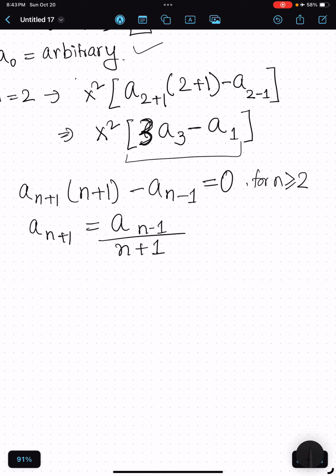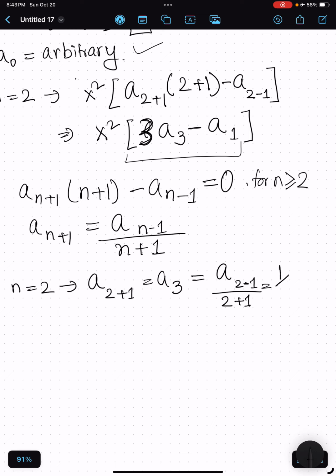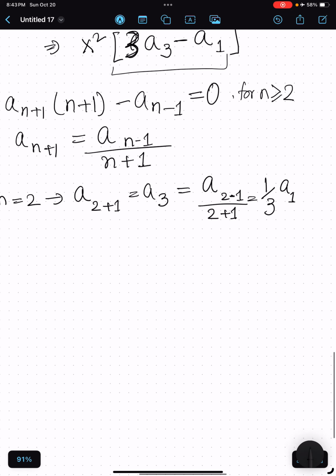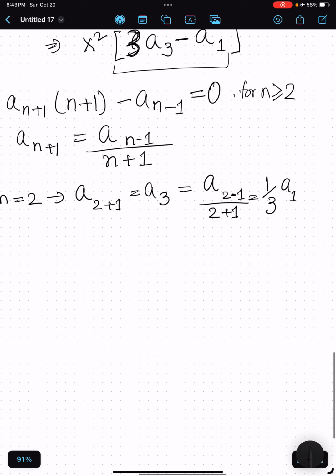So when n is equal to 2, our term becomes a sub 2 plus 1, which is a sub 3, which is a sub 2 minus 1 divided by 2 plus 1, which is basically 1 by 3 a sub 1. And we already know that a sub 1 is equal to 1, so it's just going to be 1 by 3.